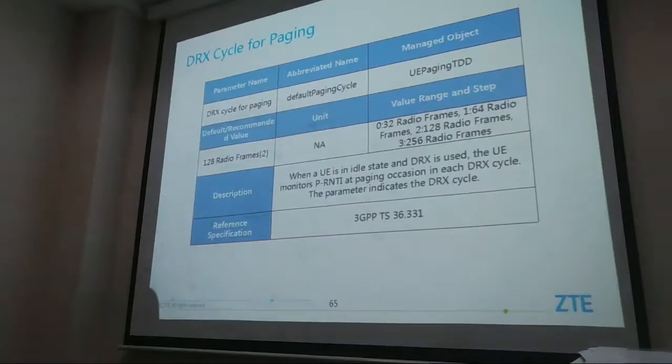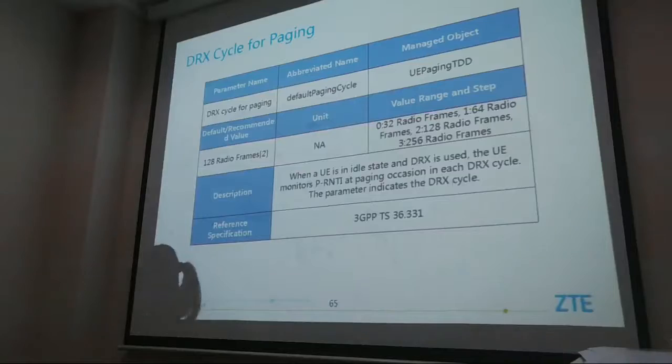You said the inactivity timer, yes? Set 3 seconds, and for the cycle, you set 6 seconds. What is the function of the inactivity timer? It lets the UE go from connected to idle, right?